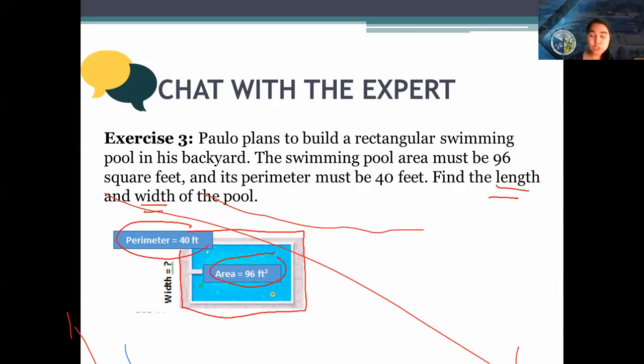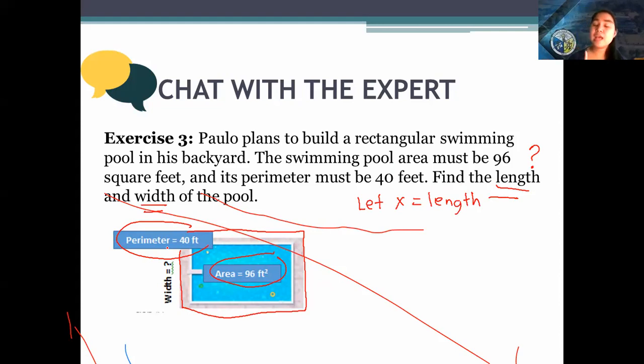I presented a different one in the module. I'll also present a different one here, the one that's easier for me. How do you do it? We don't know what the length is, right? So we say, let x be the length. Now, how will I solve for the width?